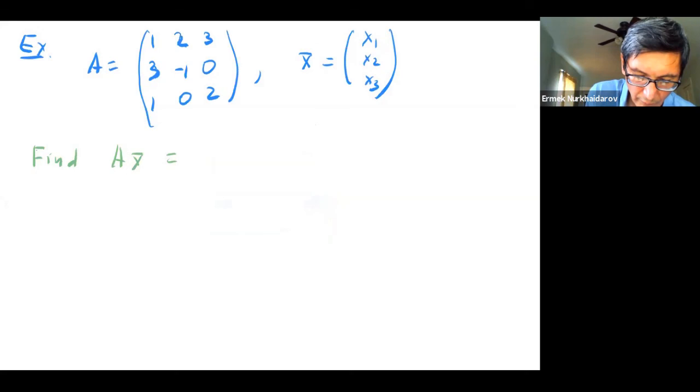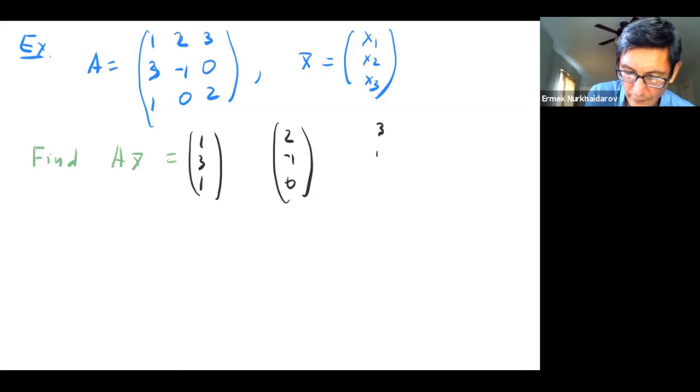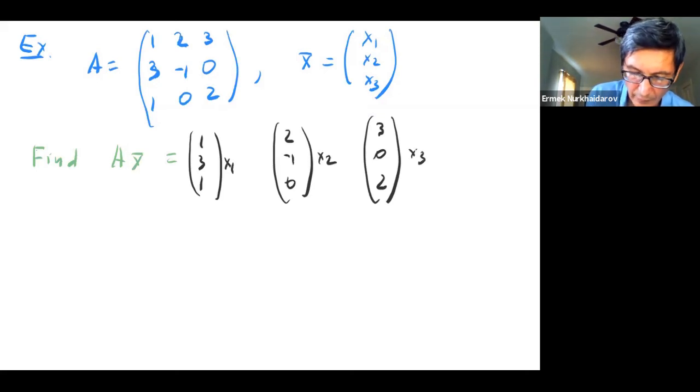So we have 1, 3, 1, 2, -1, 0, 3, 0, 2, X1 for the first, X2 for the second, X3 for the third. Add them up.